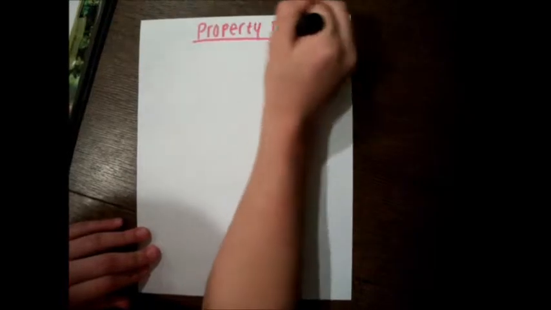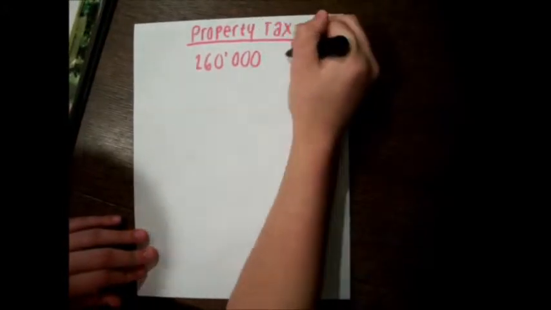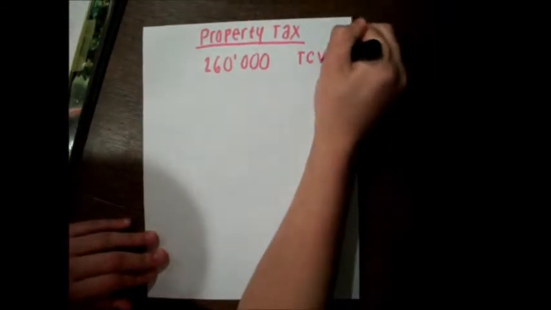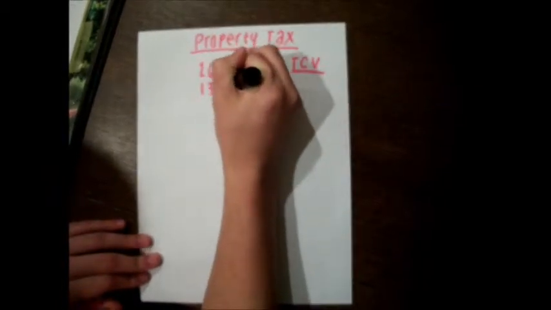This is how you do property taxes. If your house has been assessed at $260,000, which is your true cash value, then your state equalized value, or SEV, would be $130,000.